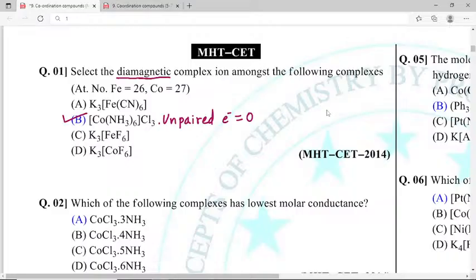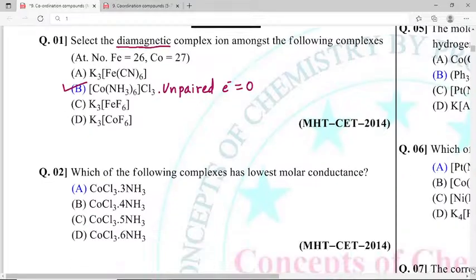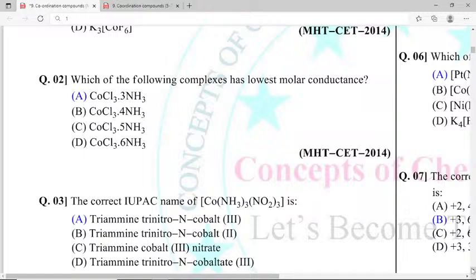Question number 1 clear? Question number 2. Which of the following complexes has the lowest molar conductance? Option A is correct because this is a type of complex where cobalt has NH3 three times and Cl3, so it is Co(NH3)3Cl3.